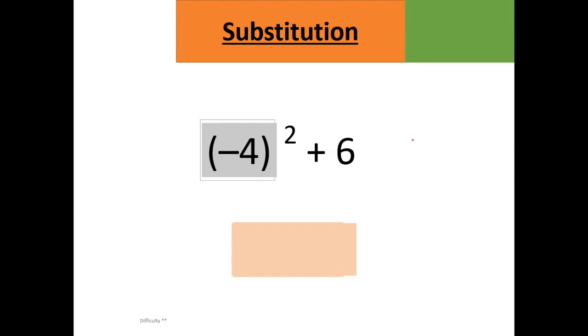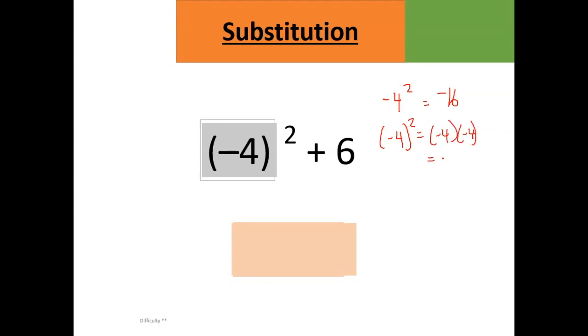So the biggest thing that students do here is they don't type the brackets around it. So if you do this without typing the brackets and you do -4 squared, the calculator is going to give you -16 often. If it just looked like this, and there were no brackets around it, that is -16. But when there are brackets around it, it means that I have -4 times -4, right?